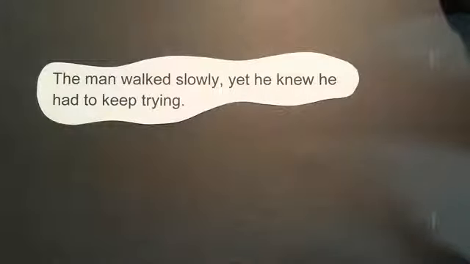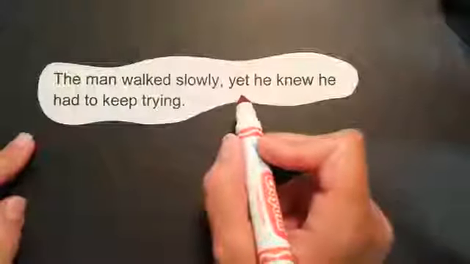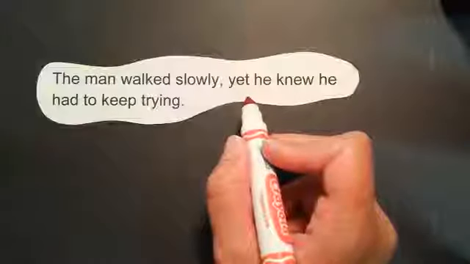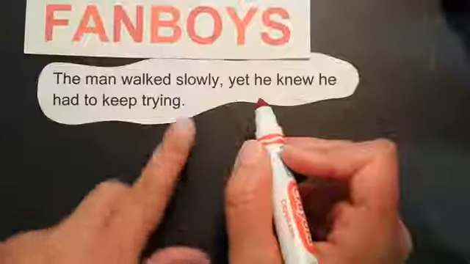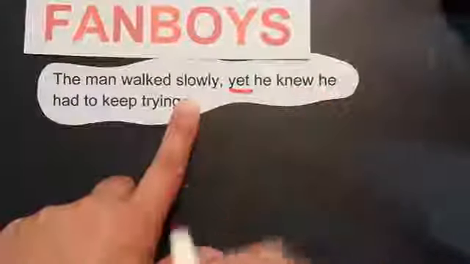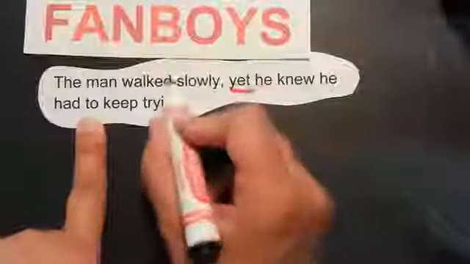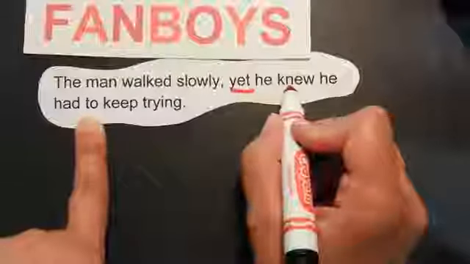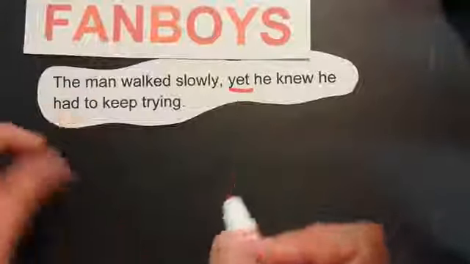Well, he knew he had to keep trying is an independent clause by itself. And this word yet, if I remember my coordinating conjunctions, FANBOYS, the Y is yet. So I have an independent clause here and an independent clause here with a coordinating conjunction.